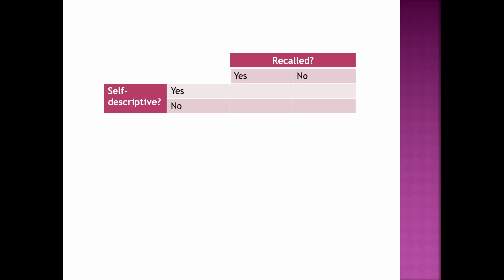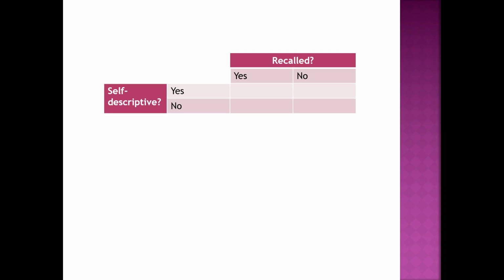So this is a kind of complicated design with the intention of trying to figure out whether you actually remembered more words that described yourself than words that didn't describe yourself. So if all you have is that left column completed for the yes, I recalled it, and was it self-descriptive or not, you should get pretty good information about whether you are more likely to remember words that were self-descriptive or not.